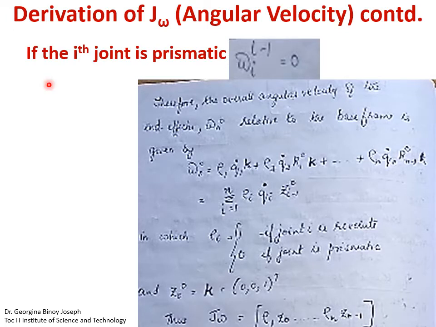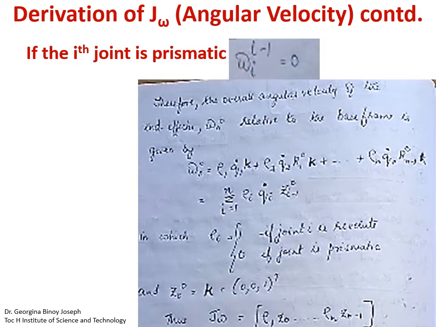Now if the ith joint is prismatic, there is no angular velocity component when joint i moves, so omega i to i minus 1 is equal to 0. That makes it very simple; there is no derivation here.